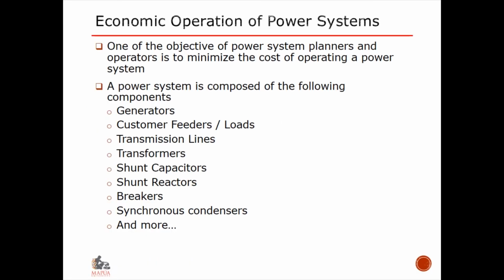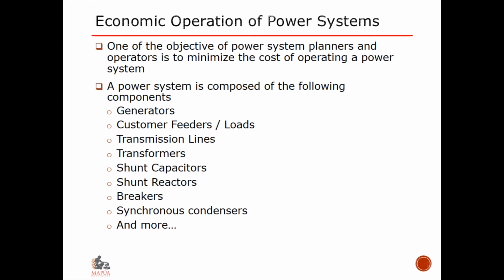One of the objectives of power system planners and operators is to minimize the cost of operating a power system. Obviously, we always want to have the cheapest cost available to us, and that includes planning, scheduling, and operating the power system at the least cost manner.